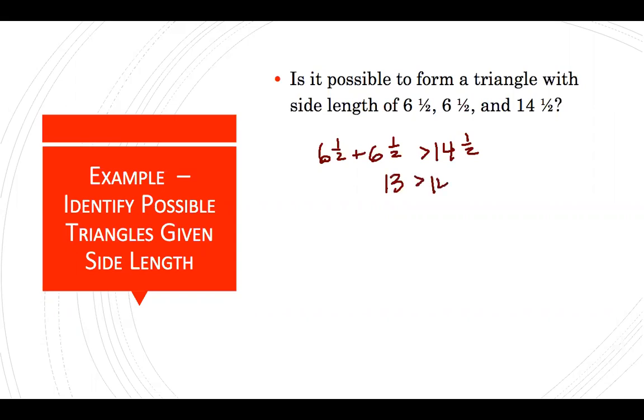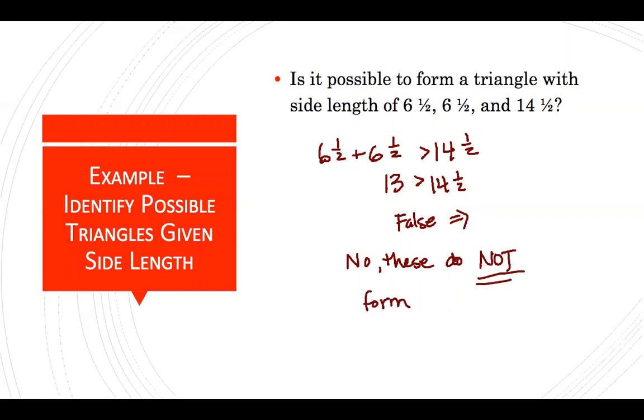Is 13 greater than 14.5? No, so that is false. So if that is false, then that means no, these do not form a triangle. So the inequality has to be true for all three. Questions?